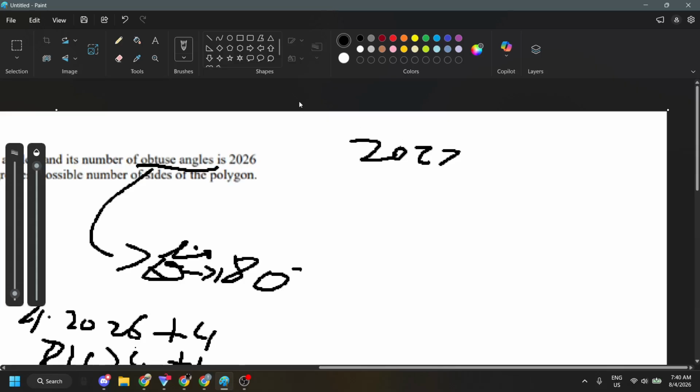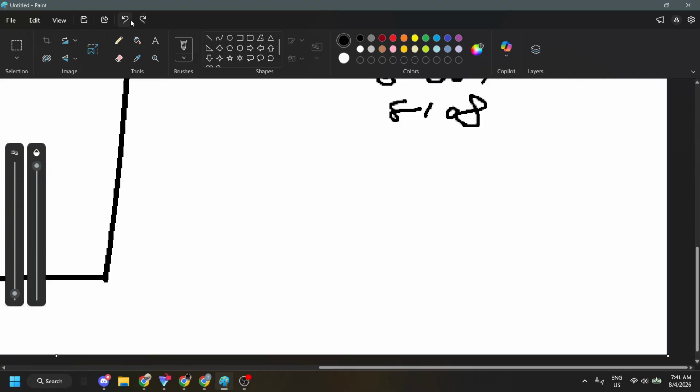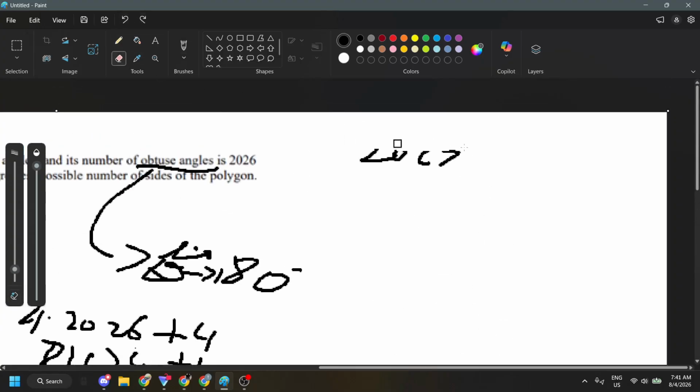So the sum of the angles in this, where n is 2027, is 180 times n minus 2. Oh no, let me redo that. Each angle is 180 times n minus 2 over n.